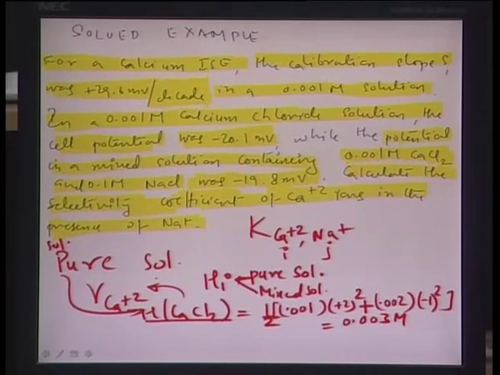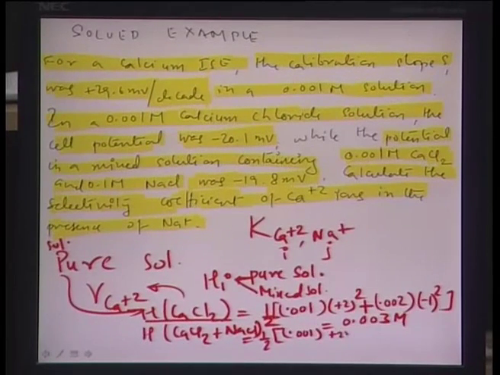Let us also calculate the ionic strength of the mixed solution, which has both CaCl2 and NaCl. So, we have half times the concentration of CaCl2, 0.001 molar as reported in the mixed solution, with plus 2 square, plus 0.002 for the chlorine times -1 square, plus again 0.1 times 1 square, 1 being the valency on the sodium, plus 0.1 times -1 square.